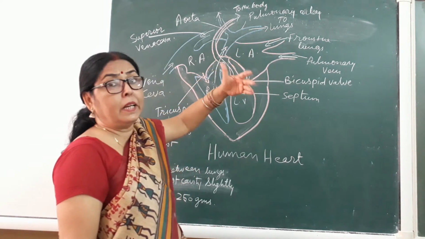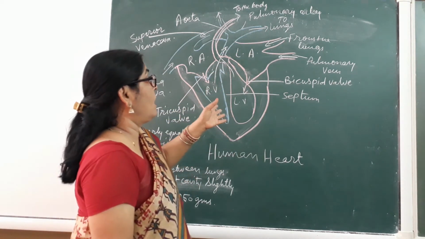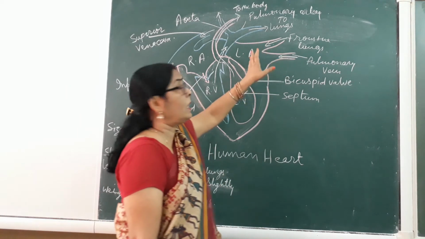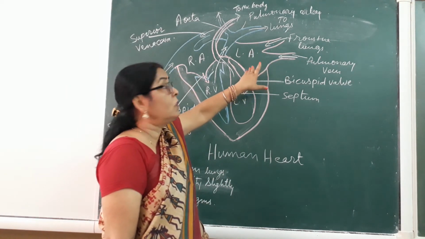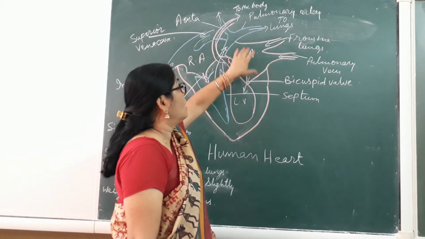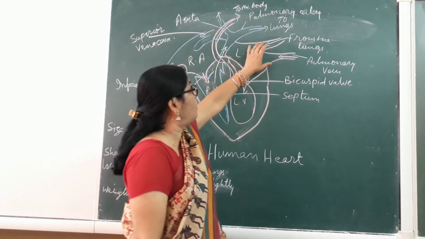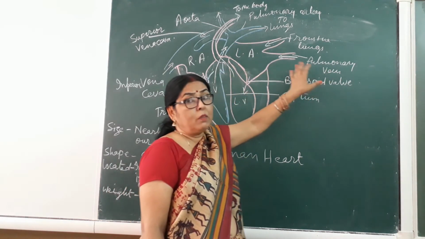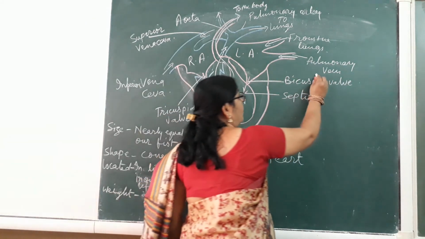Now when the blood gets oxygenated in the lungs, it comes back to the left heart, to the left auricle. This left auricle receives blood from the pulmonary veins.